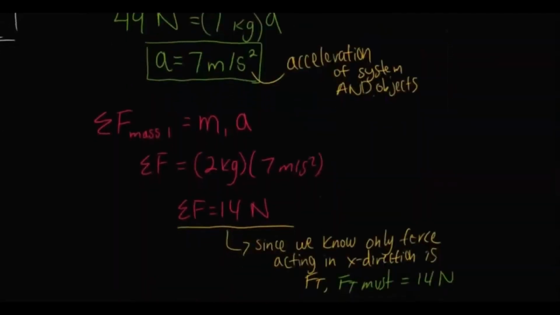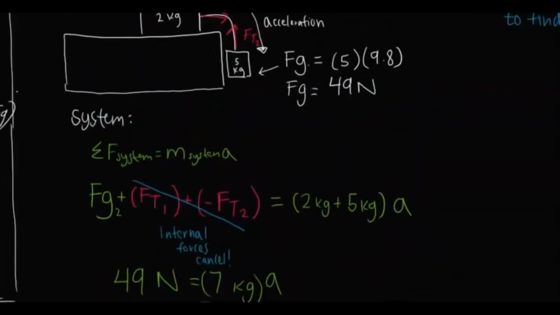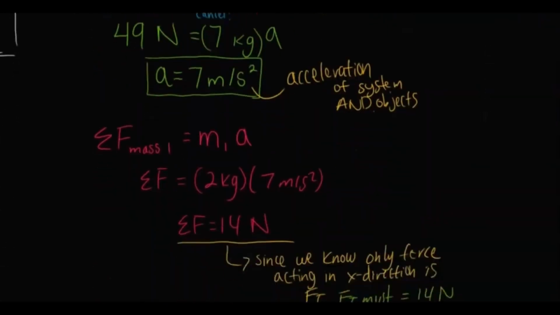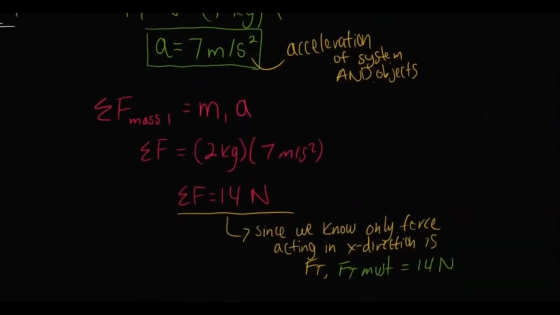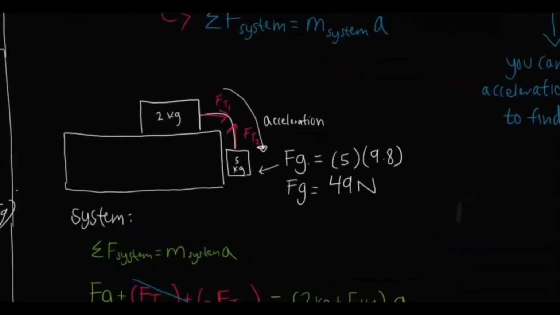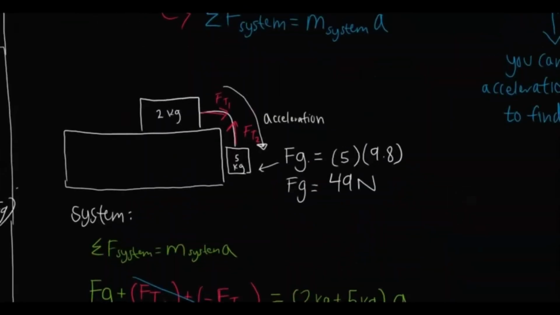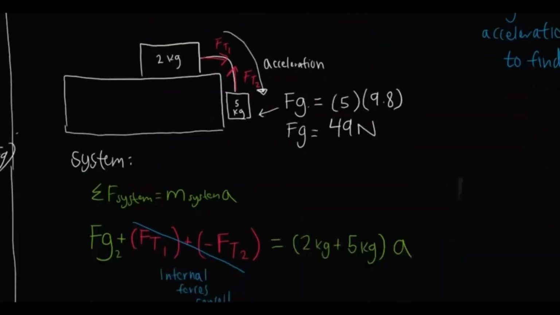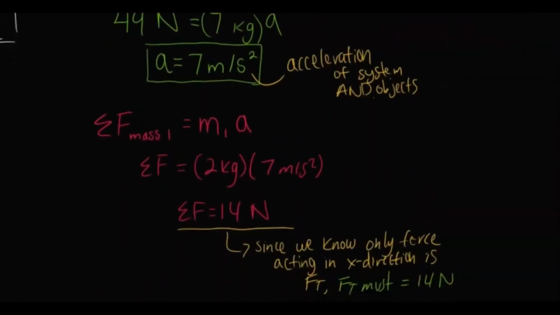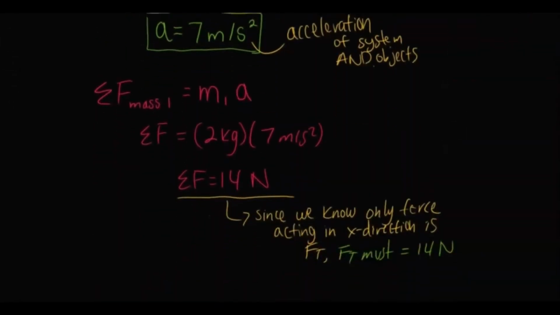Now we can calculate the force of tension by looking at the first object. For the first object, the sum of all the forces is the force of tension, because it's the only one acting upon it in that direction. There's the force of gravity and the normal force, but those are equal because it's not accelerating up and down. So sum of the forces equals ma.